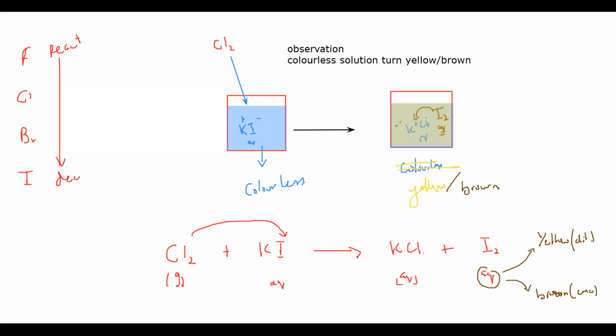What we get from this investigation or this reaction shows that chlorine is more reactive than iodine. If we want to practically show that chlorine is more reactive than iodine: if chlorine was less reactive than iodine, then there should be no reaction, and the colorless solution would remain unchanged, or remain colorless.